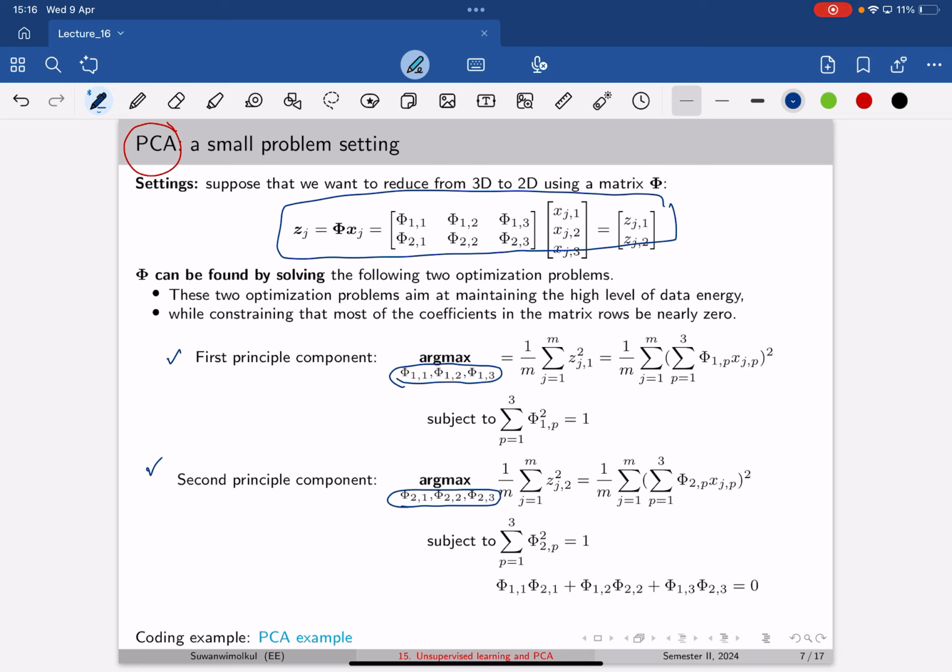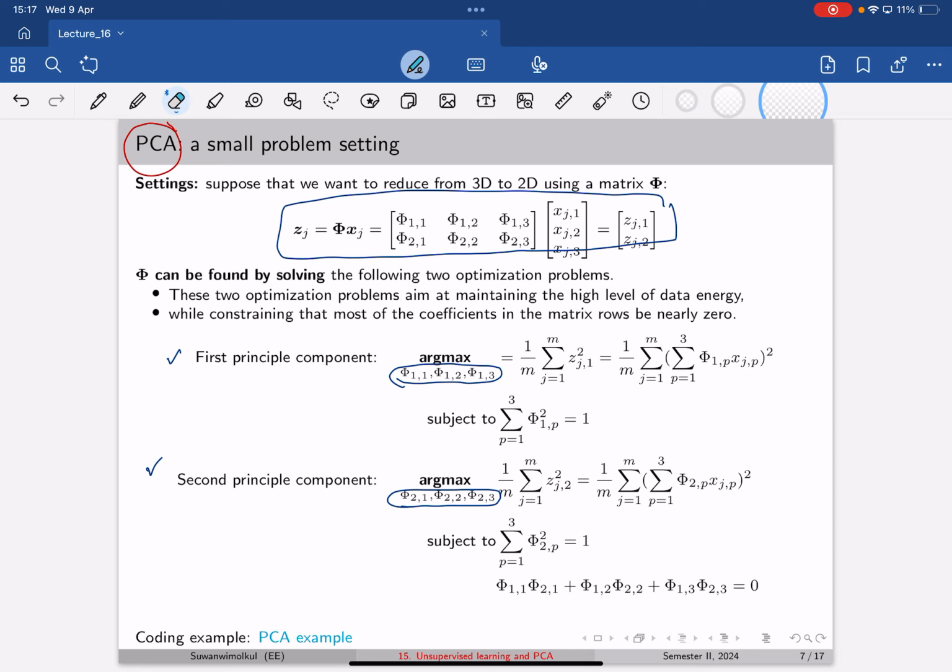If you have n input features and you want that many axes of principal components, then you have that many optimization problems. But please don't worry, we will give you an alternative view which reduces this into just one optimization problem. But let us look at each of them first.